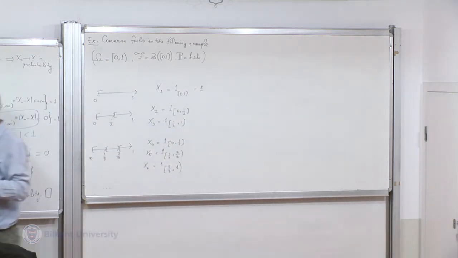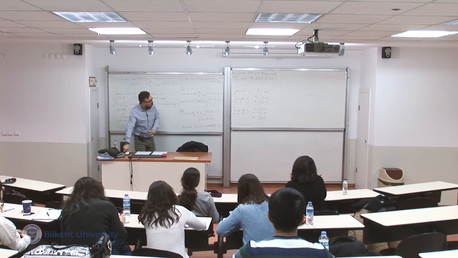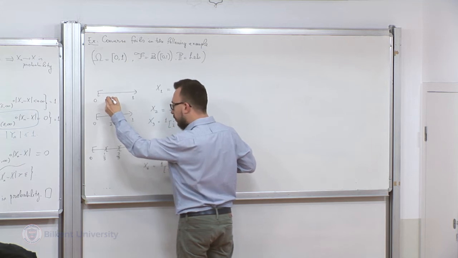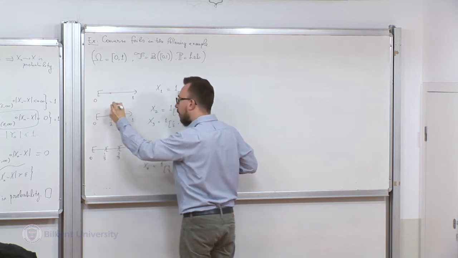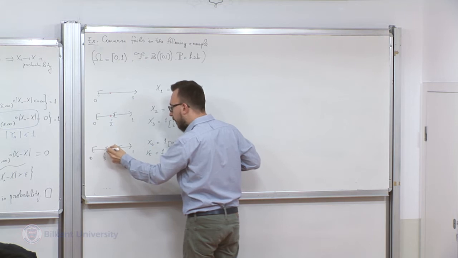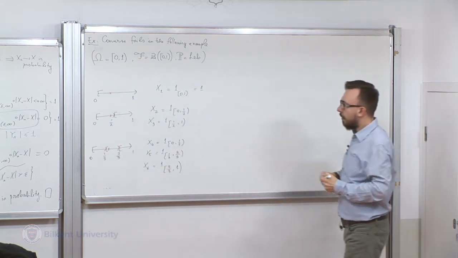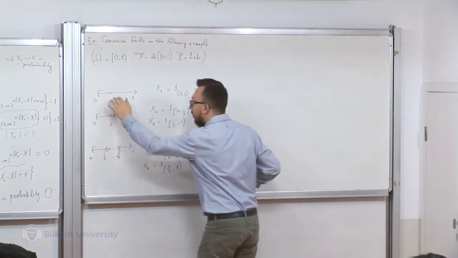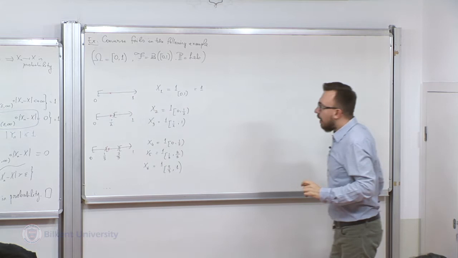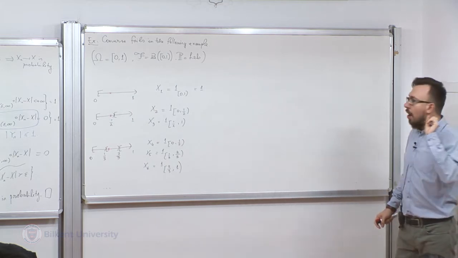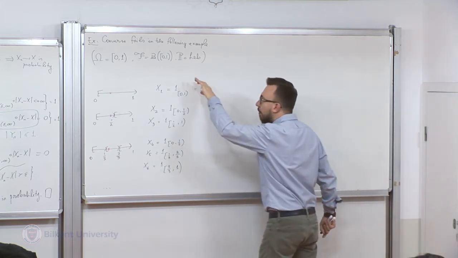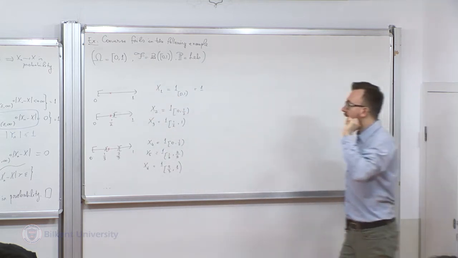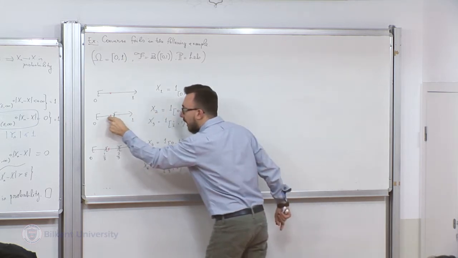This is the construction. If you have one omega fixed, in every picture you have only one of those random variables giving you 1 for the indicator at point omega.